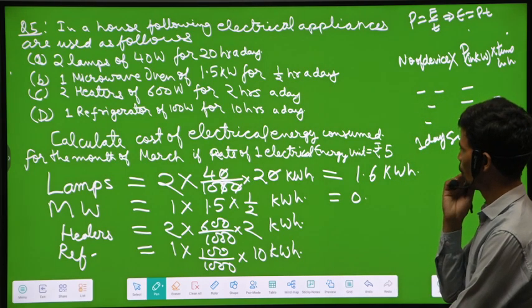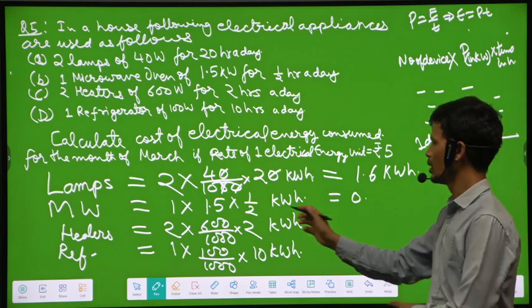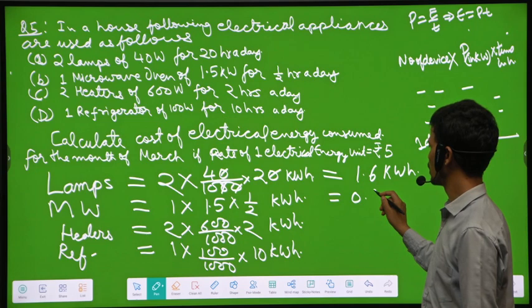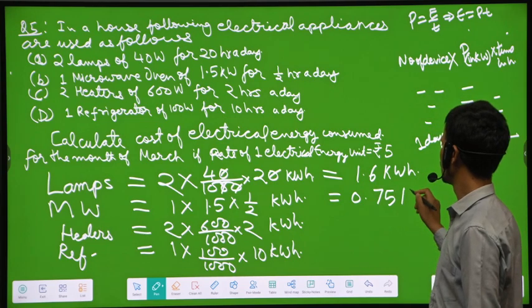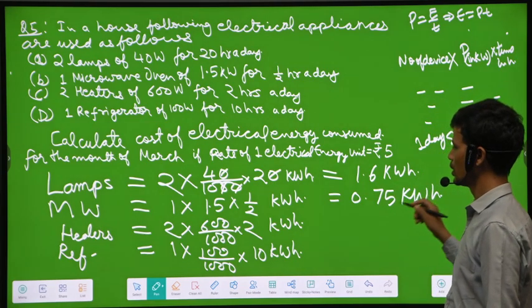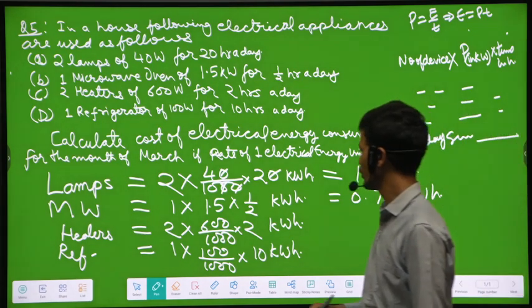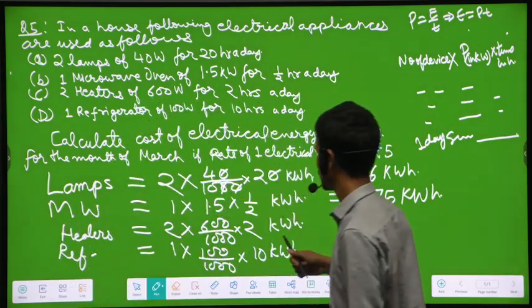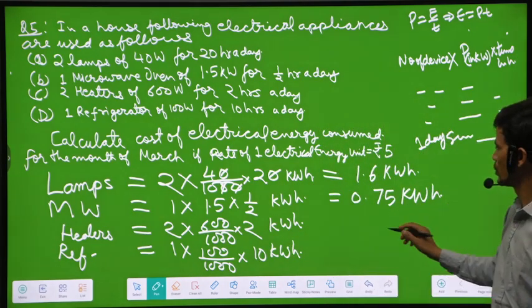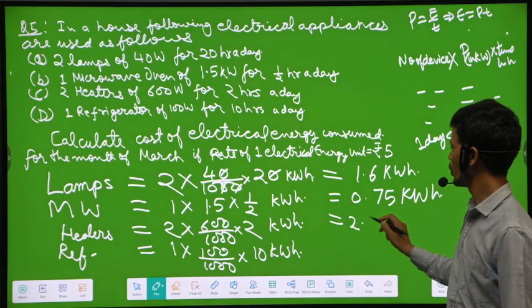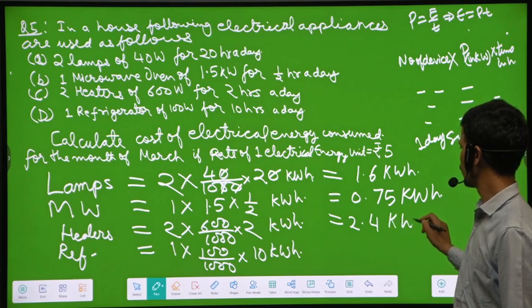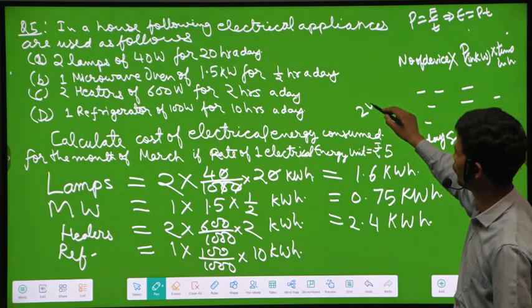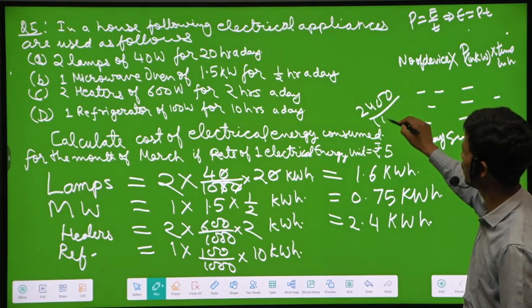No, everything is good. And this one will be 2.4 kilowatt hour. Am I right? 2400 divided by 1000.